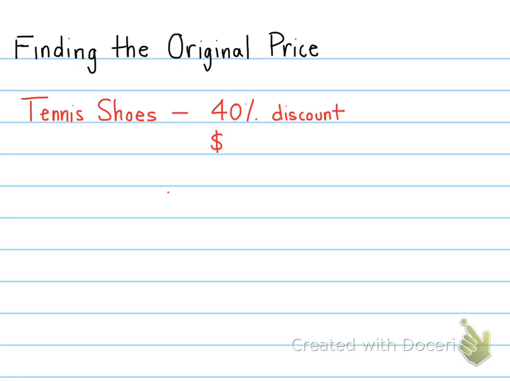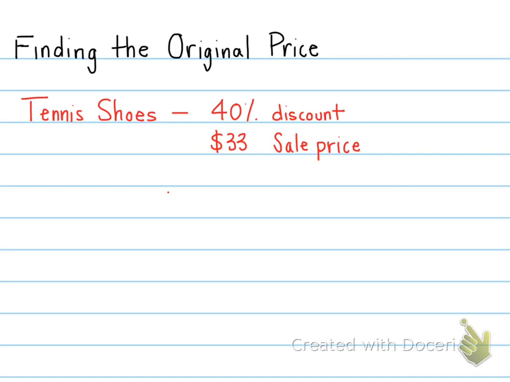And $33 was the sale price. You have to find out how much they originally cost. Okay? So we know that $33 is the sale price. So that would be the part.